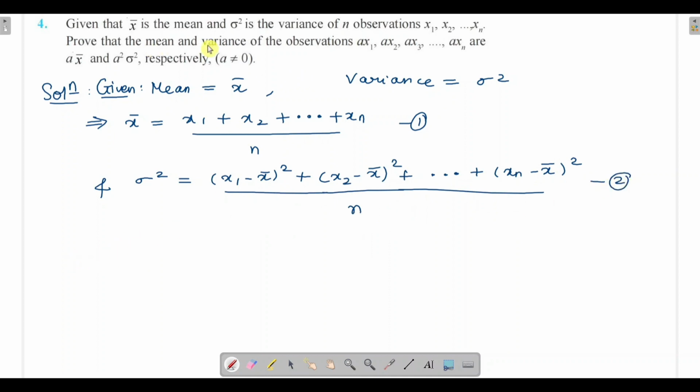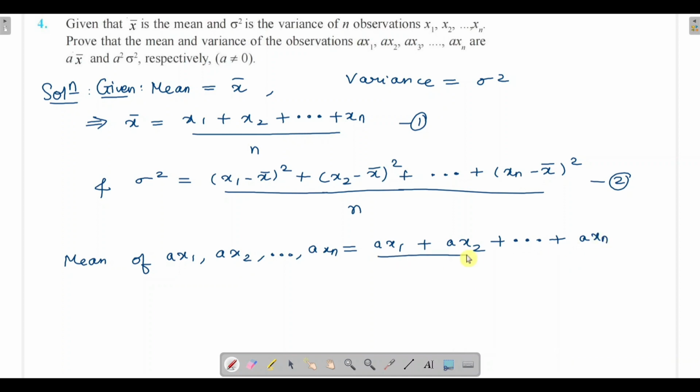So now let us find out the mean of the new observation. So mean of ax1, ax2 up to axn is equal to, so mean is nothing but the sum of the observations divided by the number of values. So ax1 plus ax2 up to axn, and that is divided by n, right.